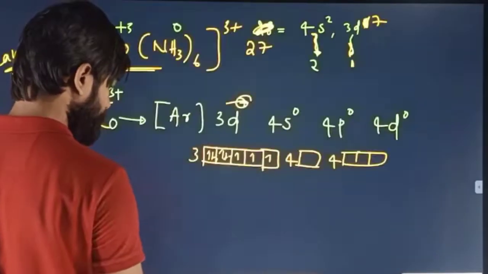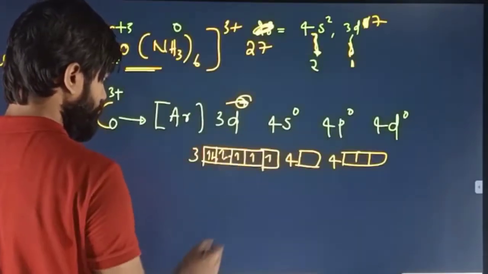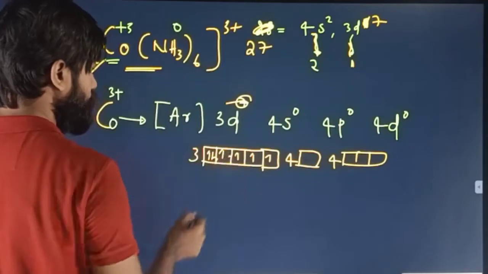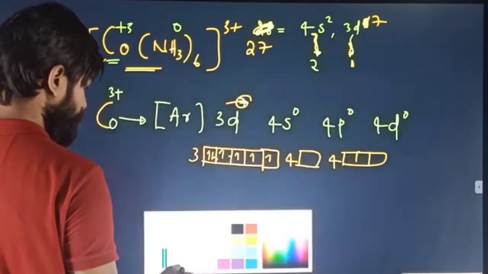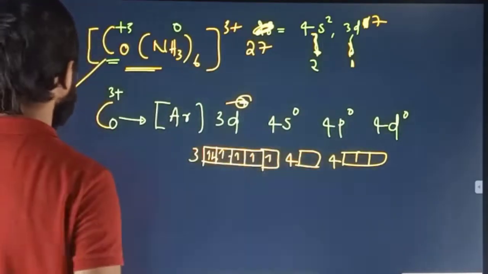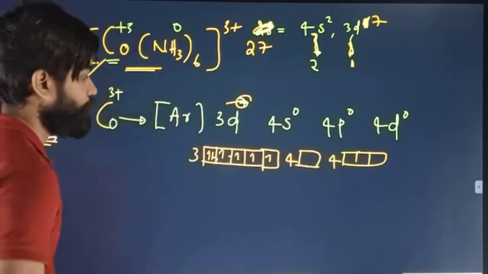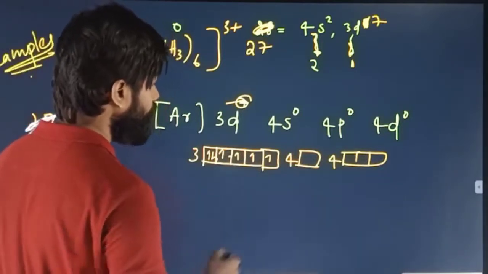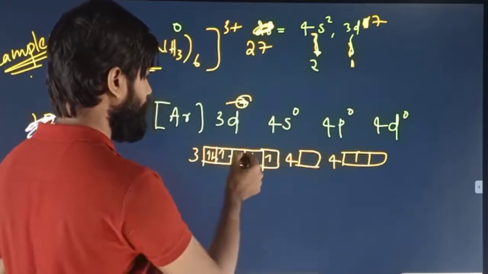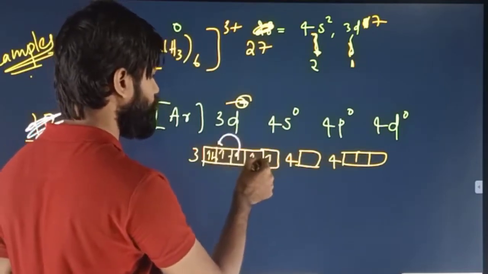Listen, this is also unpaired, fine, that's all. So this is not 28, fine. Listen carefully. Ammonia is a strong ligand which can pair up the electrons.